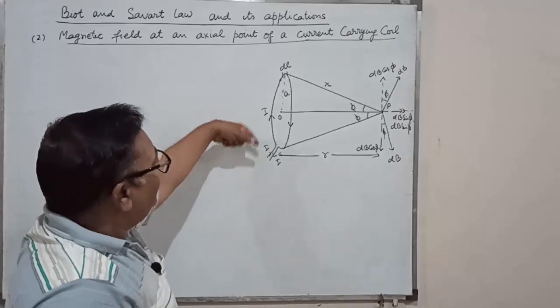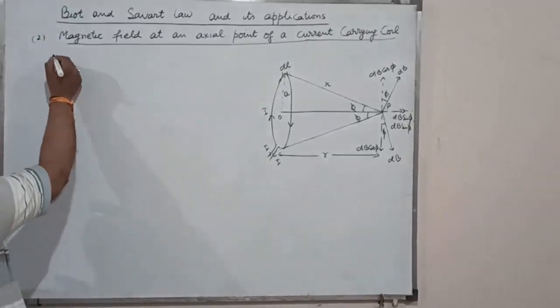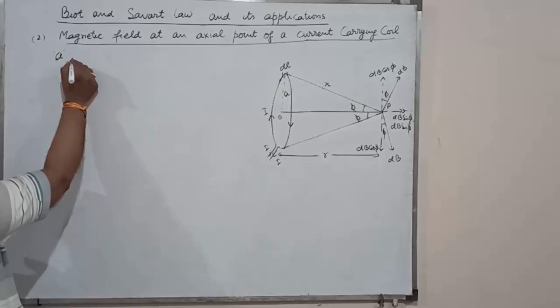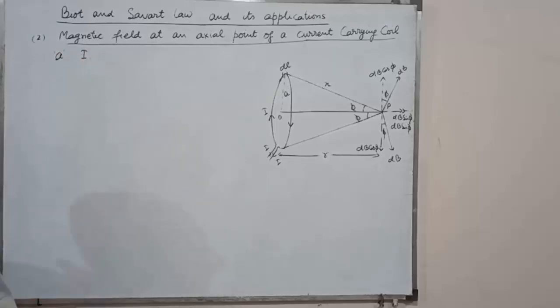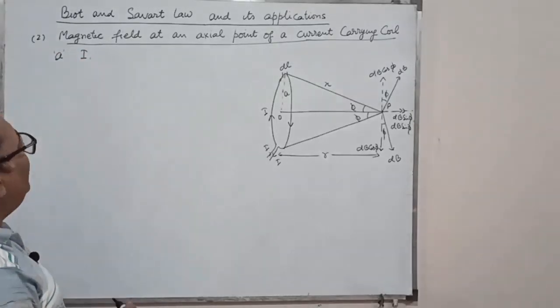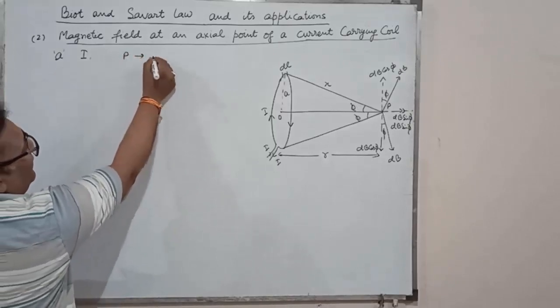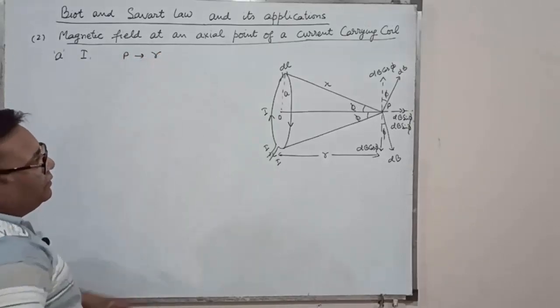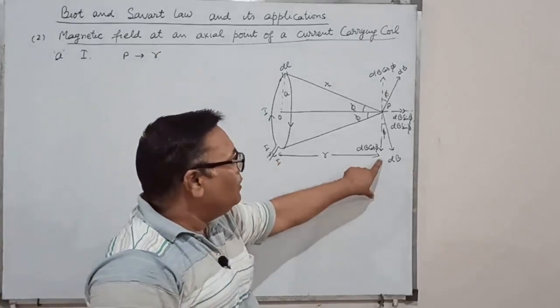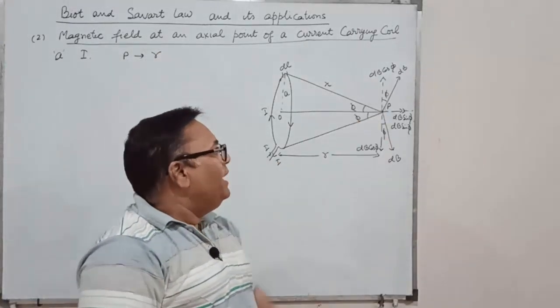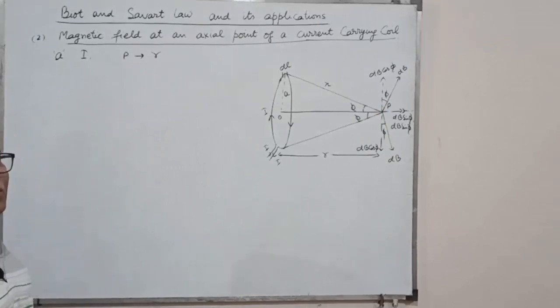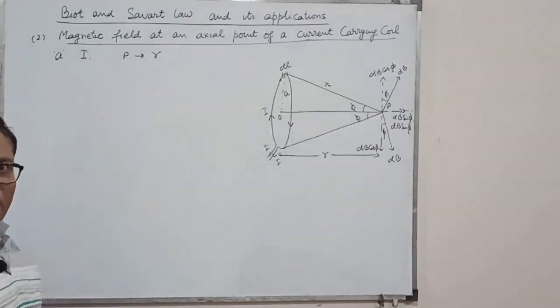Let there be a circular coil of radius A and I is the current passing through it, and P is the axial point at a distance r from the center of the coil, at which magnetic field intensity is to be calculated. Clear?